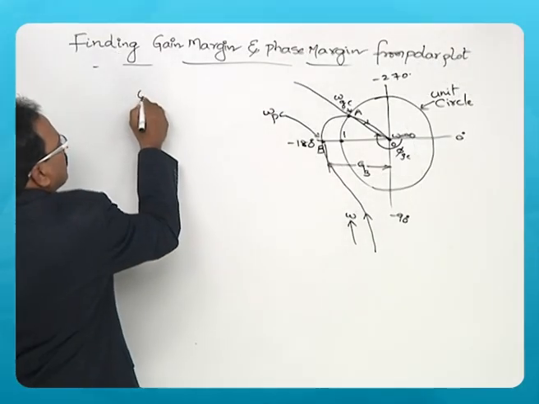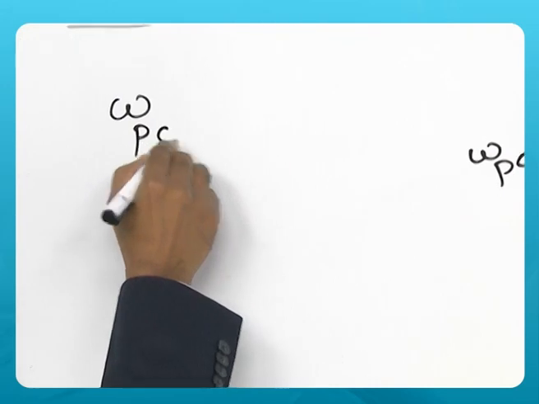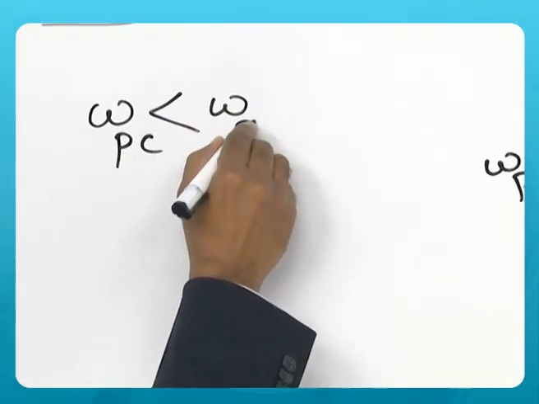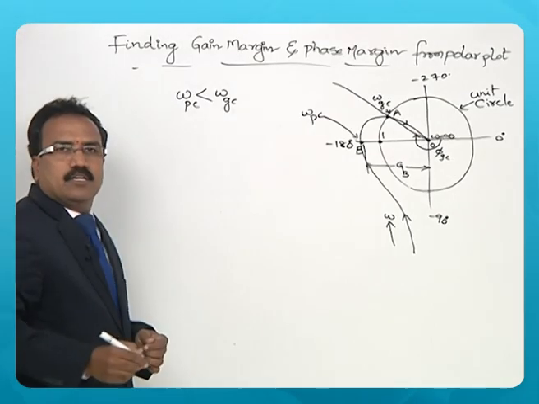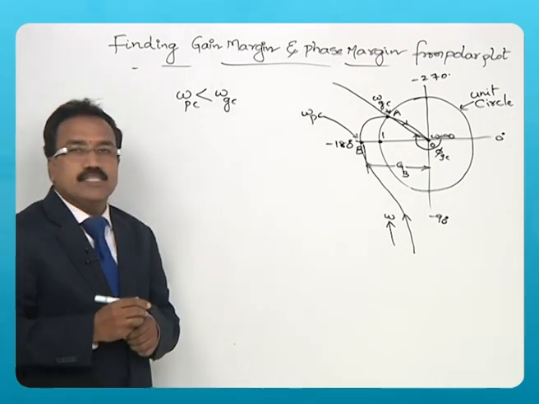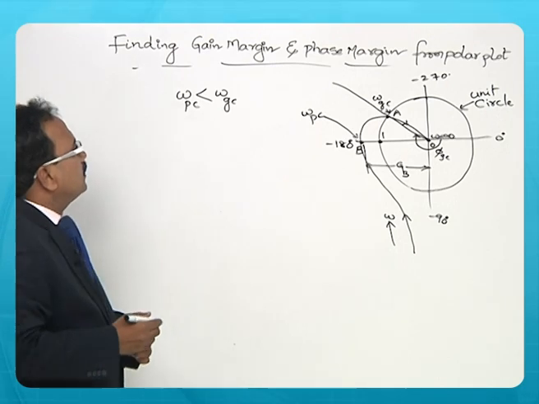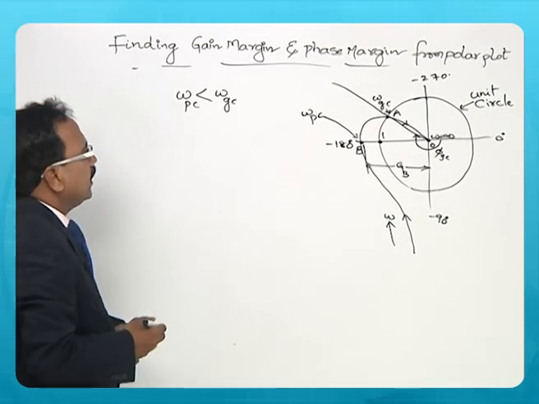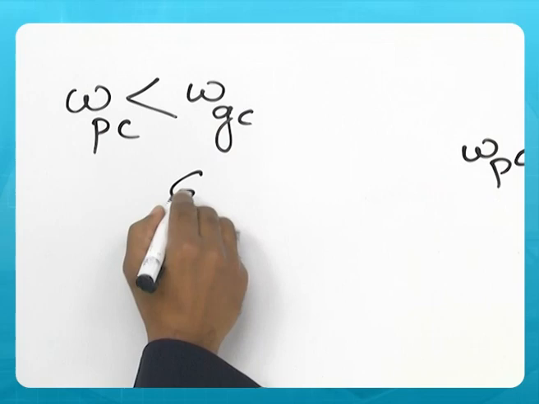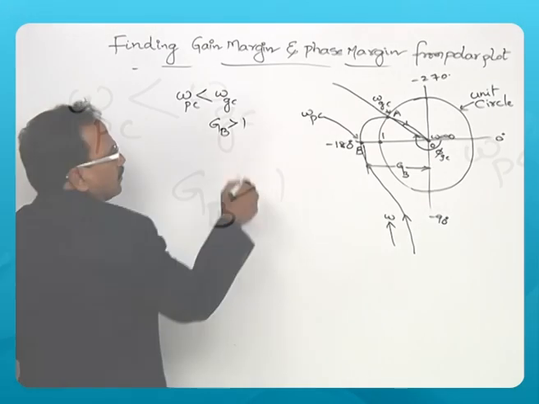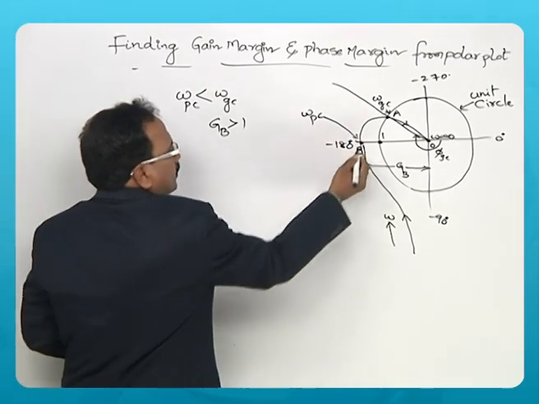So, in this case, omega PC is less than omega GC, because you are increasing the frequency. In this particular example, omega PC is less than omega GC, and the magnitude GB is greater than 1 here.